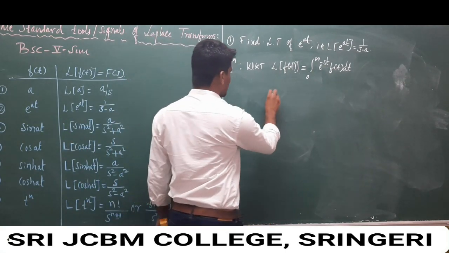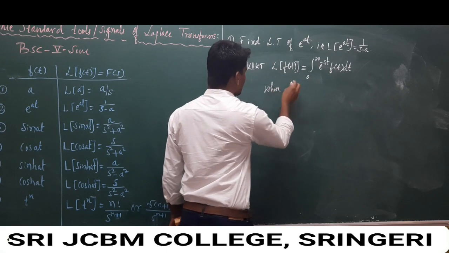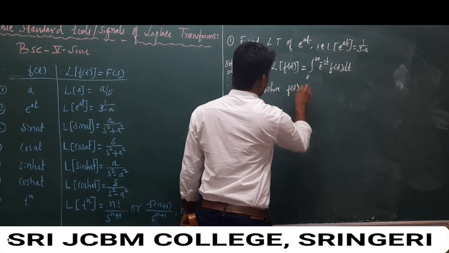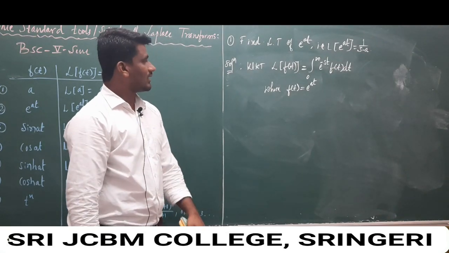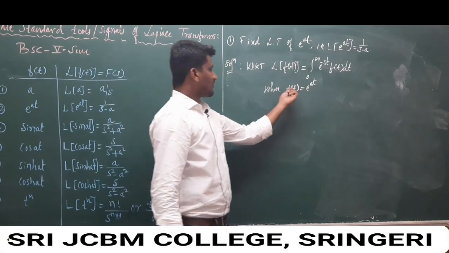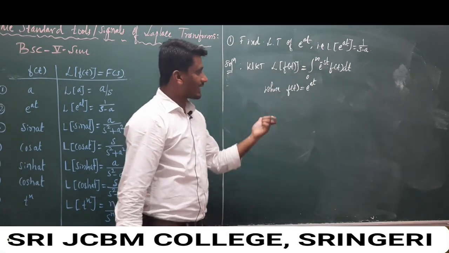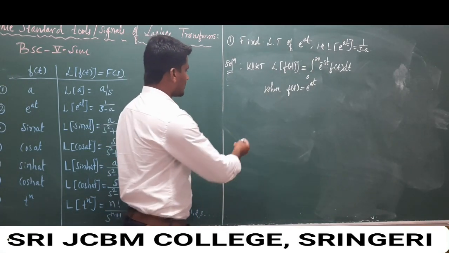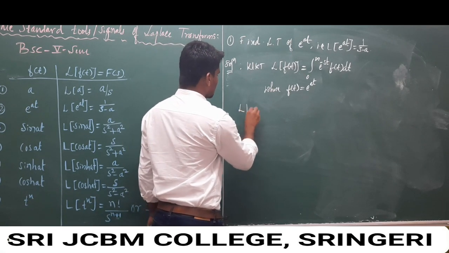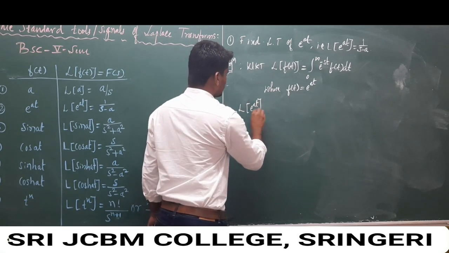Our time domain function f of t is e to the power at. Just substitute the f of t value e to the power at into the definition and integrate, and definitely you will get the answer.